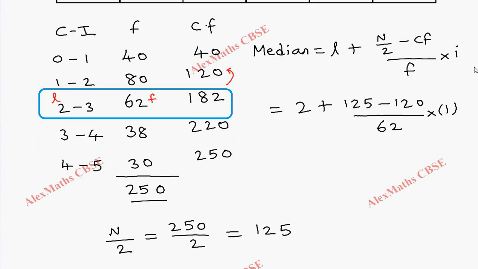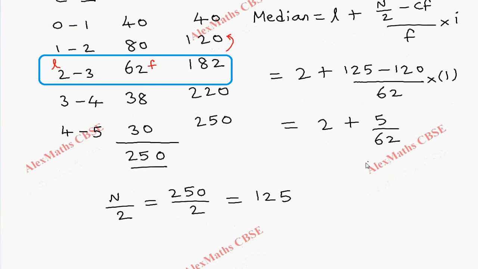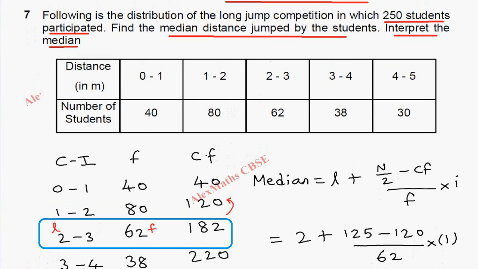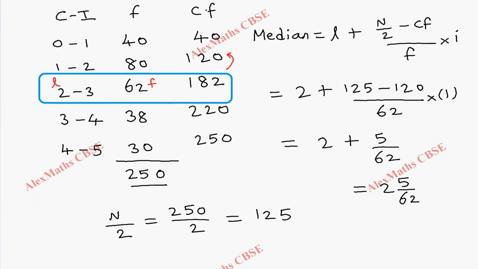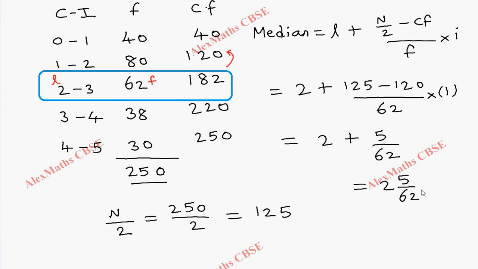Now this value is 2 plus 5 by 62. So this can be written as 2 5 by 62, and all these data are given in meters. So we can say 2 5 by 62 meter.